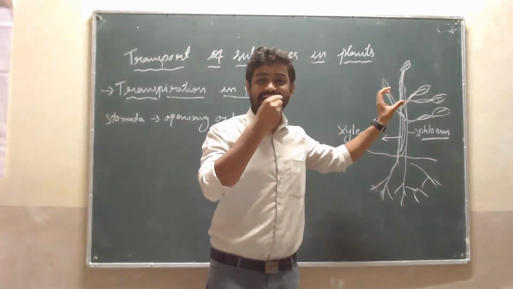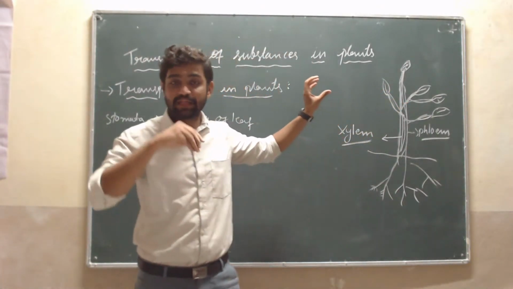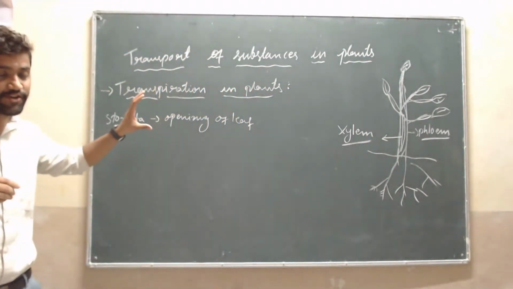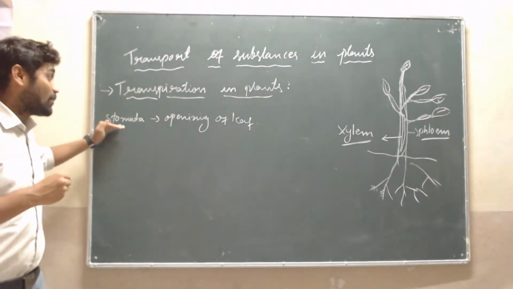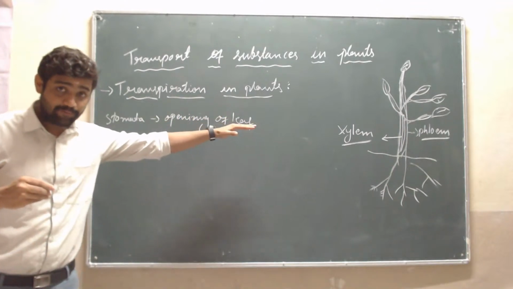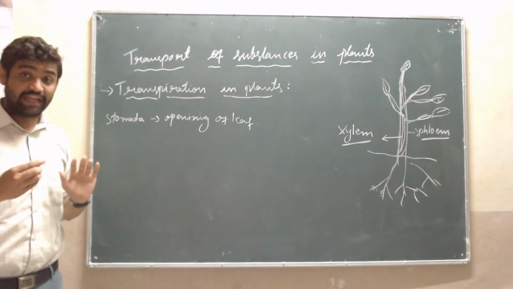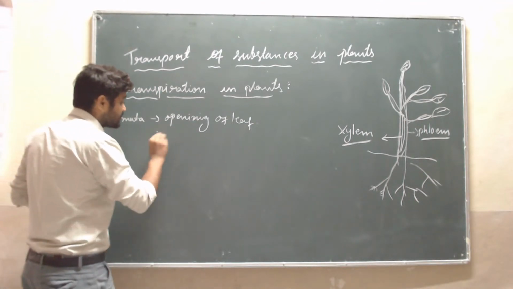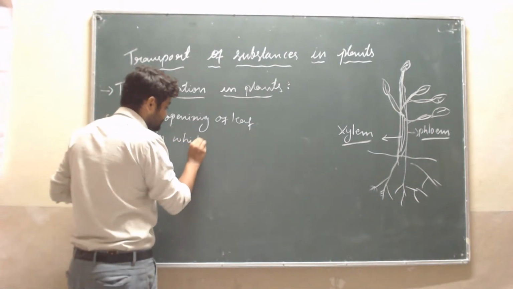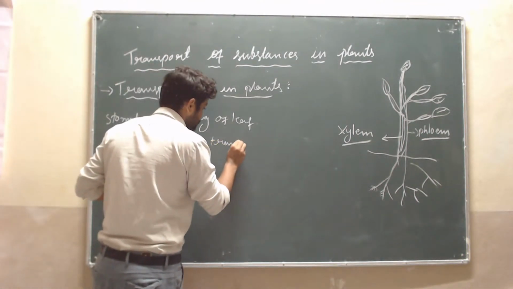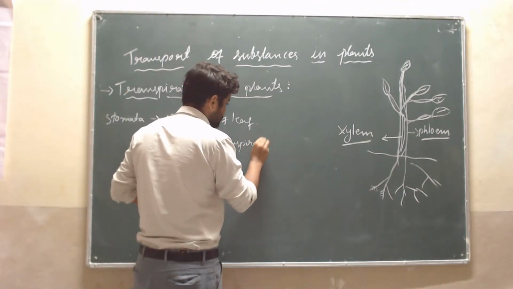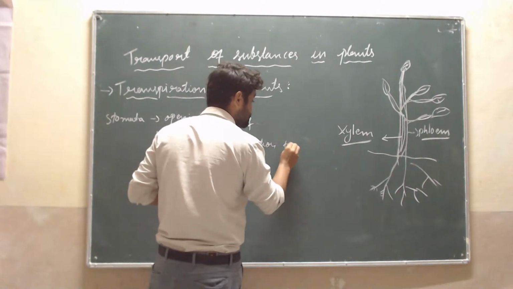Through that we can get the oxygen, as we said in the photosynthesis lesson, isn't it? The stomata are the openings of the leaf in which transpiration takes place.